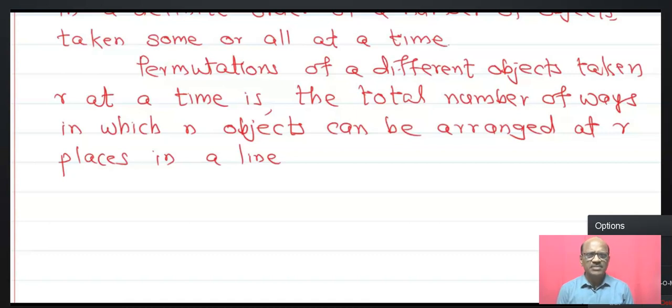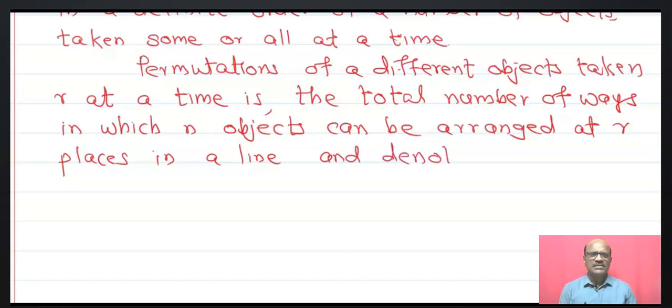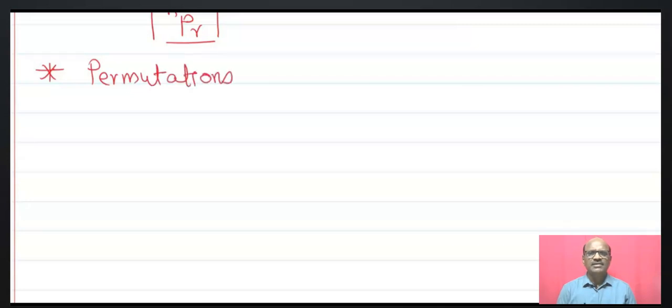In this way, if we have n objects taken r at a time, then these objects can be arranged like this, denoted by nPr. This is very important. That is, from the n objects, we can take r objects and arrange them in a specific manner.